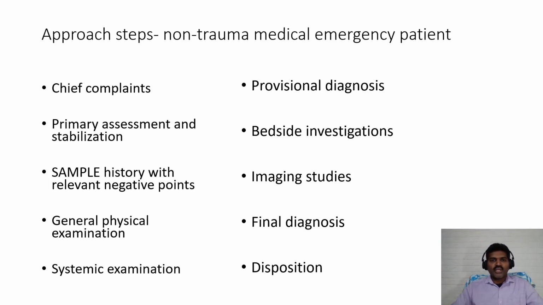You will not be taking an elaborate history in the emergency department. You conduct a general physical examination. Then, based on your findings of history and the general physical examination, you decide which system is involved. You examine that system thoroughly, and then you move on to examine the rest of the systems to find a cause in other systems.